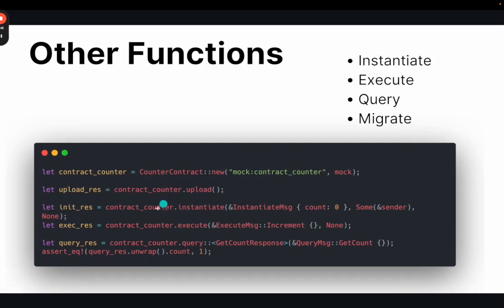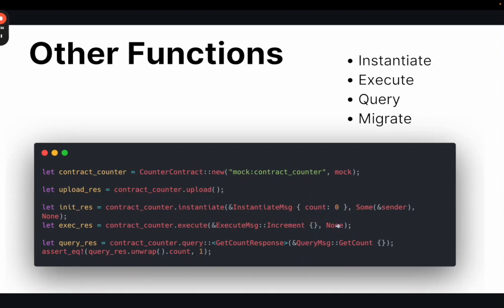So you can see then we call upload, and then we instantiate, execute, and query the contract with traditional syntax. You can see that we pass in the instantiate message and the execute message explicitly. And in this case, the execute message has a funds argument, which you can see that we're passing none.